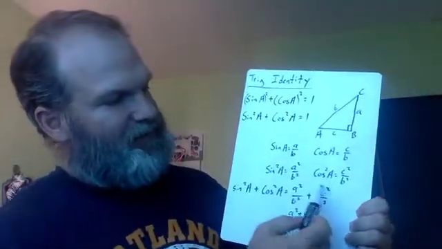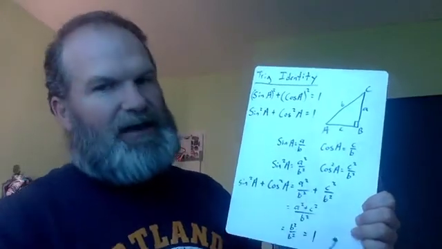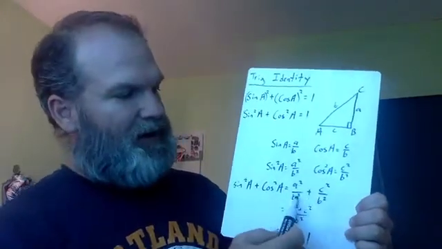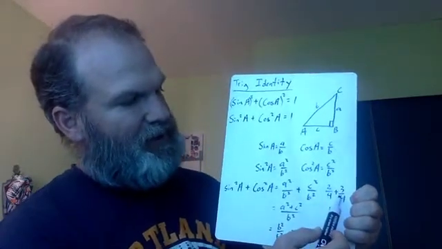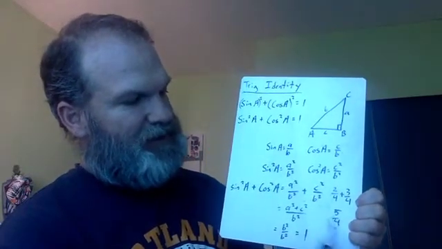Now we're going to simplify this fraction. This is just adding fractions together that already have a common denominator. It'd be like 2/4 plus 3/4 is equal to 5/4. All right, if you're adding fractions with common denominators, you turn it into one fraction with the same denominator.